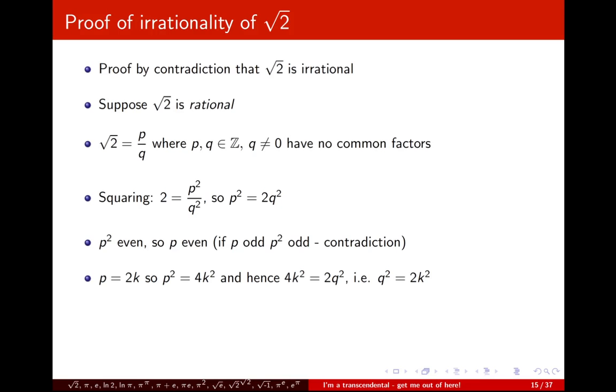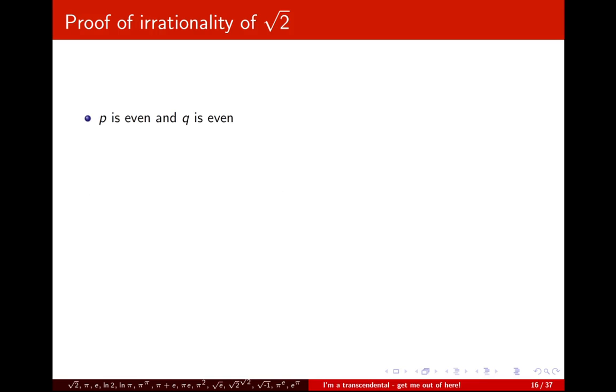So p is of the form 2 times k, and if we square that and set 4k squared to be what p squared is, which is 2q squared, then q squared also becomes 2k squared, so q squared is even, and so q is also even. So both p and q are even.